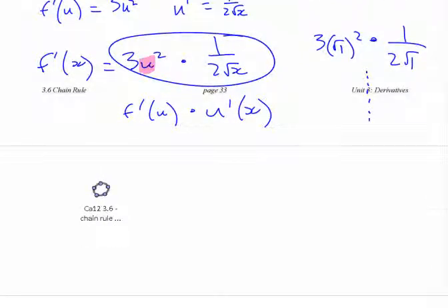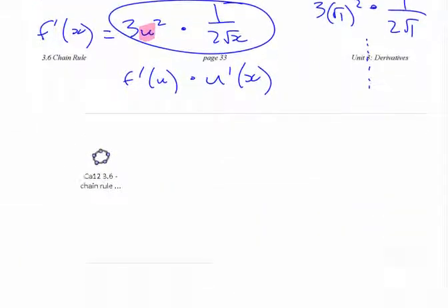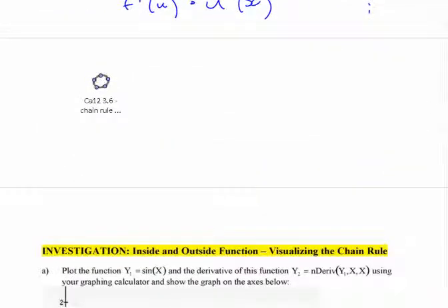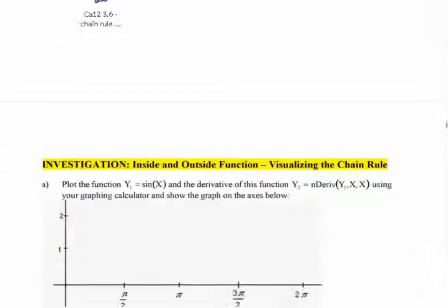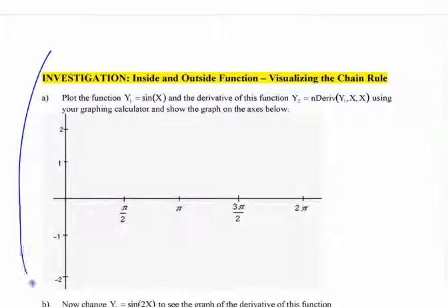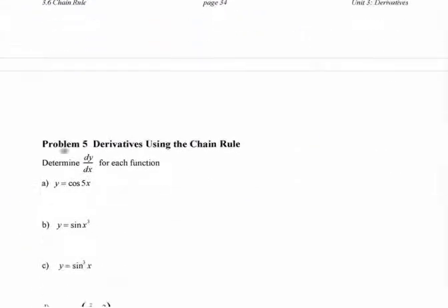Are we okay with this? Maybe. The chain rule takes a while to get. You're going to have to work at it. Maybe before doing this little investigation thing here, try some of these ones where you have derivatives that involve trig functions. There's an inside function even though you don't really notice there's an inside function.